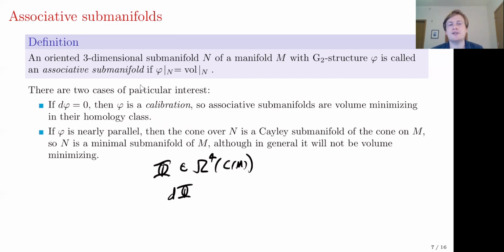If we have an associative submanifold of the link, then the cone on that will be a 4-dimensional submanifold of the cone on M. It turns out that this will be a calibrated submanifold for this calibration. This 4-form is called the Cayley 4-form.